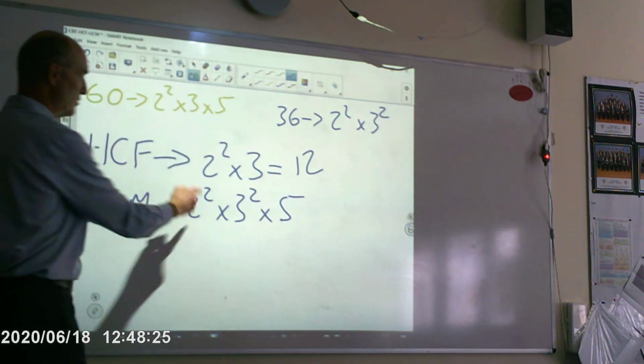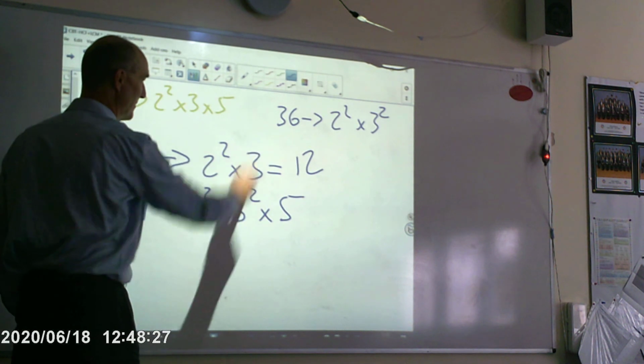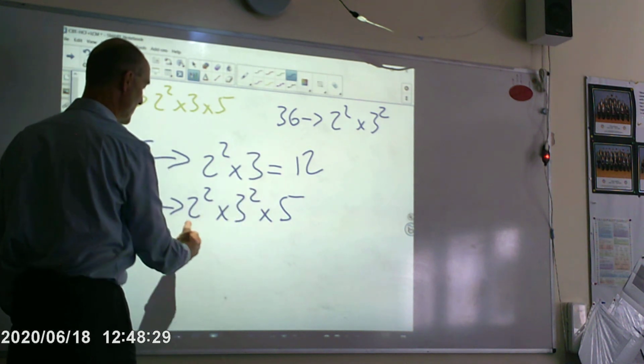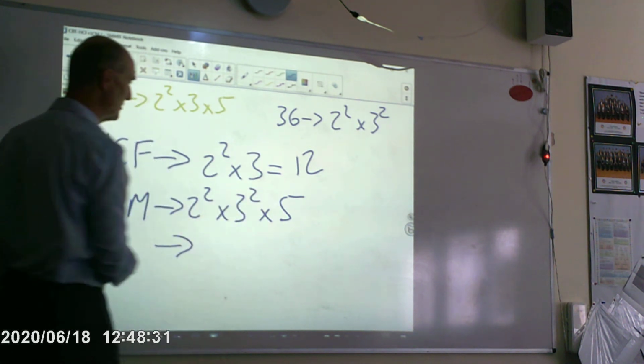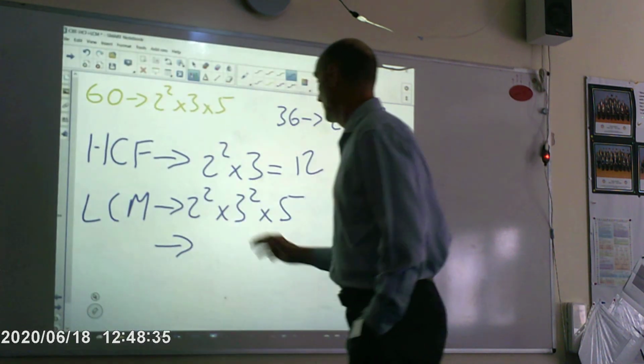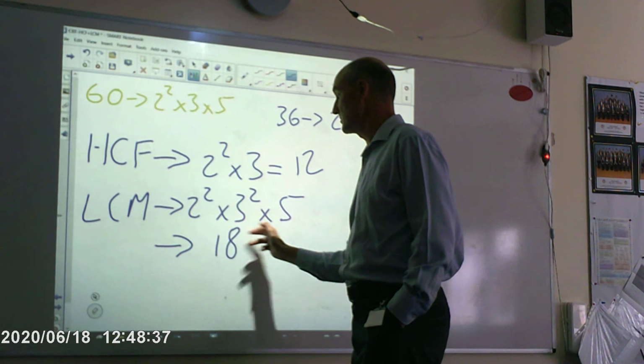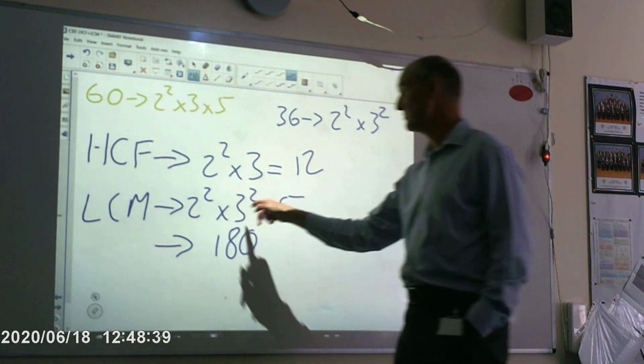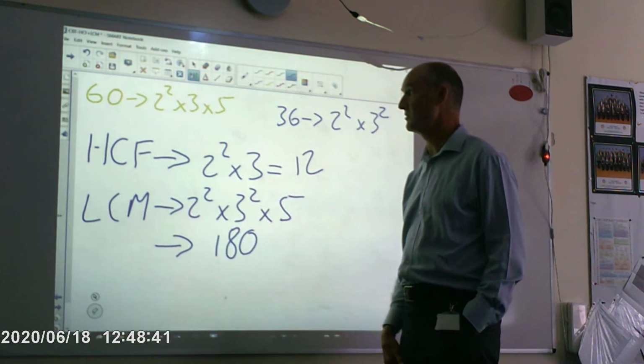So, 2 squared times 3 squared, well, we know that makes 36, times 5. So our lowest common multiple is actually going to be 180. 2 squared times 3 squared times 5 gives us 180.